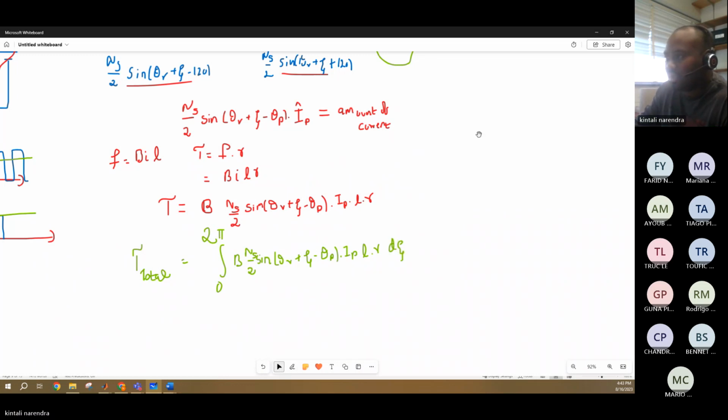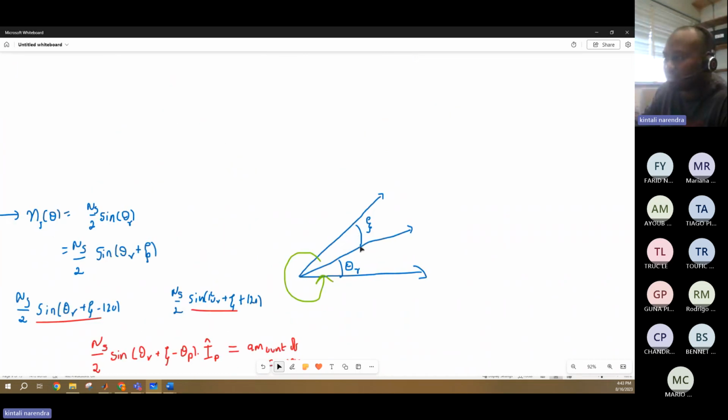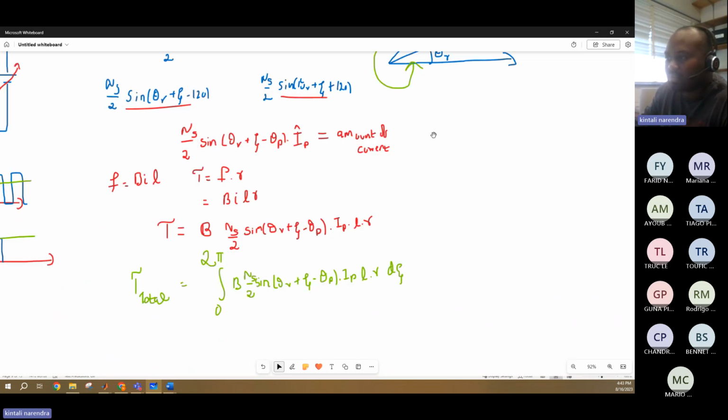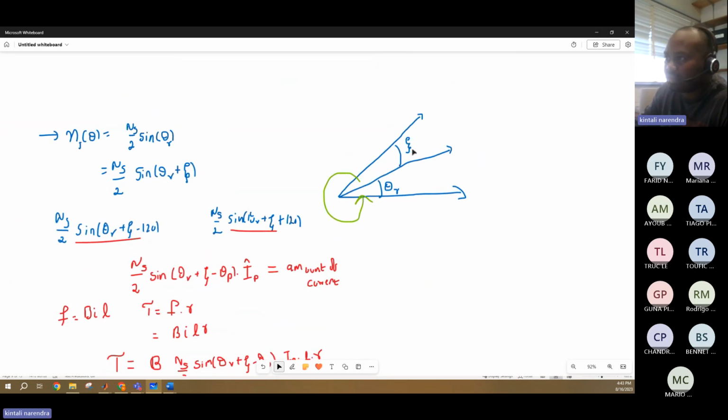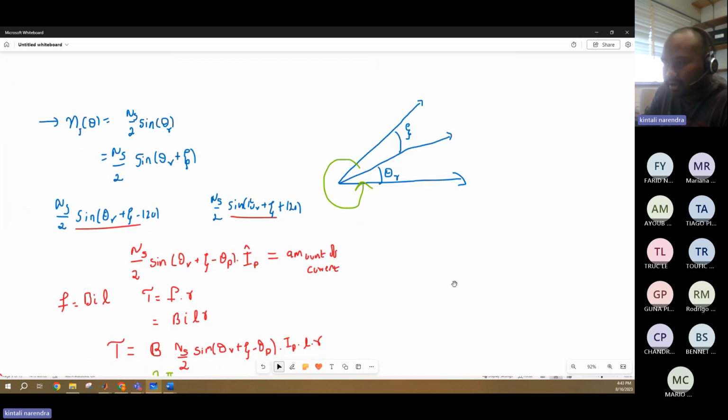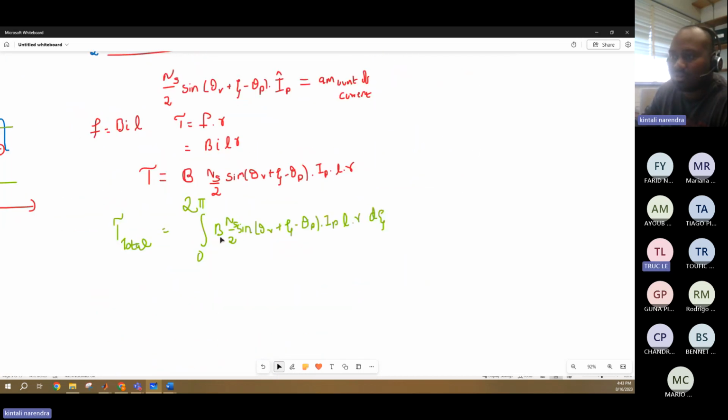Earlier I only considered that the rotor is moving from here to here, but basically it is moving from 0 to 2 pi. So this zeta is changing, and I need to integrate this equation from 0 to 2 pi for all three phases, not just one phase. Here I just normalized it and only considered one phase.